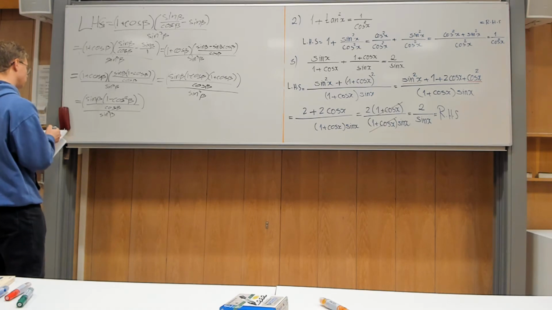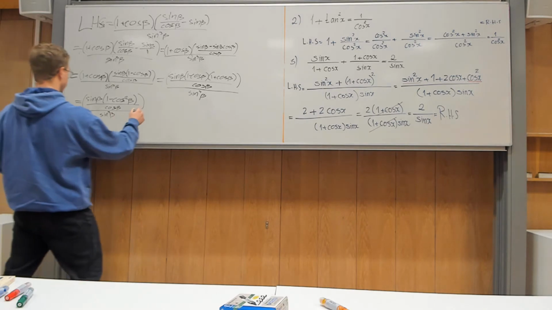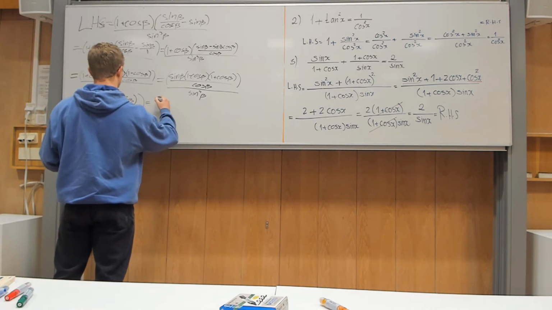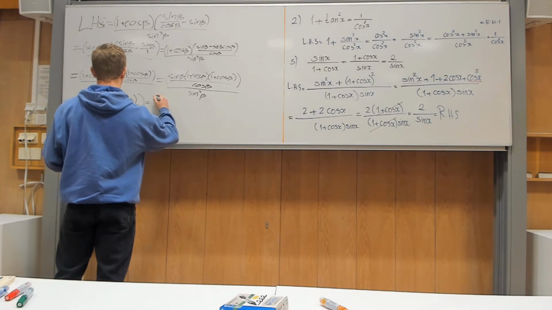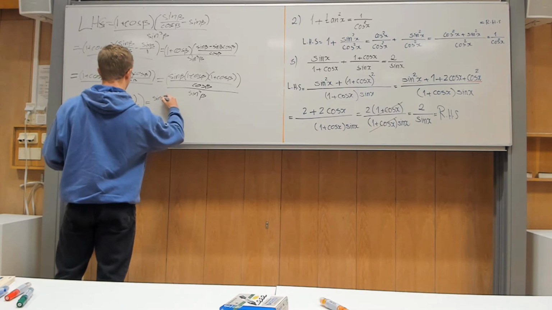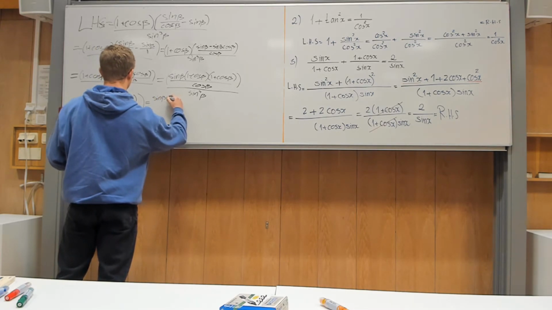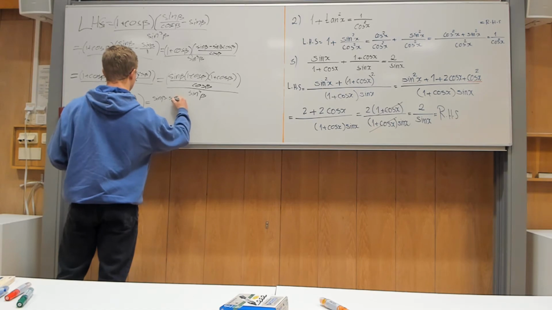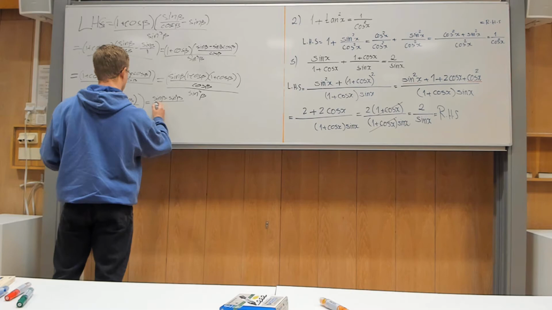Okay, 1 minus cosine squared beta, the famous combination, is sine squared beta.